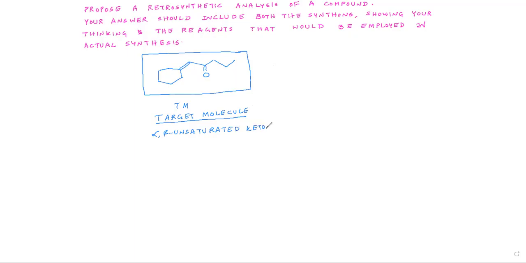So we know that alpha beta unsaturated aldehydes or alpha beta unsaturated ketones are synthesized by using aldol condensation. An alpha beta unsaturated carbonyl compound is obtained from a beta hydroxy carbonyl compound.